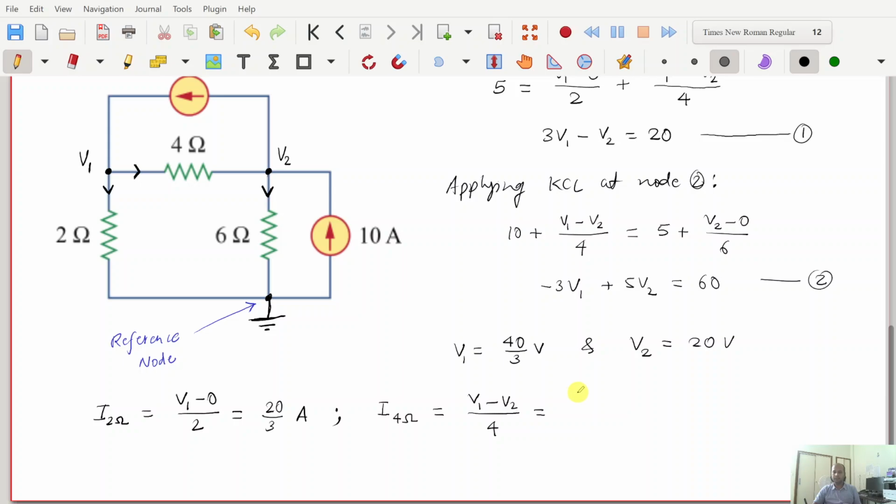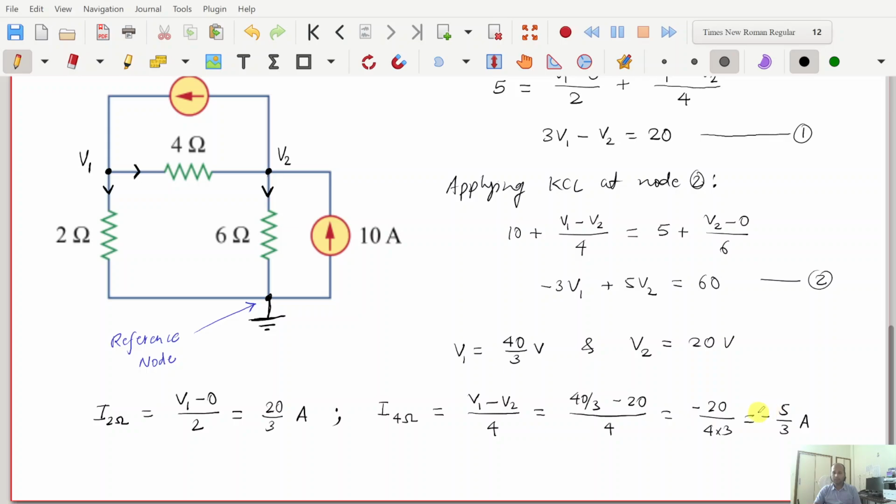So substituting the values, 40 by 3 minus 20, divided by 4. 40 minus 60 is going to be minus 20 by 3, into 1 by 4. So 4 will go out, minus 5 by 3 amps of current. Now the value of current in the branch containing the 4 ohm resistor is equal to minus 5 by 3 ampere.